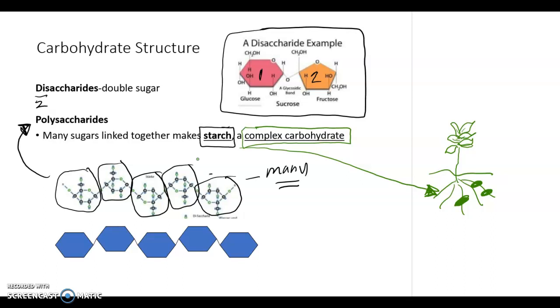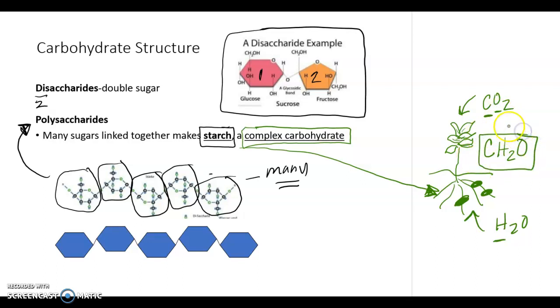And so when the plant takes in carbon dioxide from the air and it takes in water from the ground, you see that it can take its carbon and it can take the hydrogen from water and the oxygen from the carbon dioxide, and it will rearrange that into a sugar.